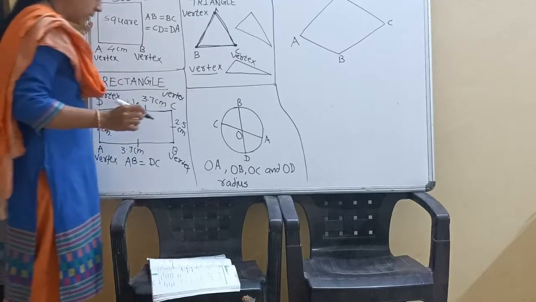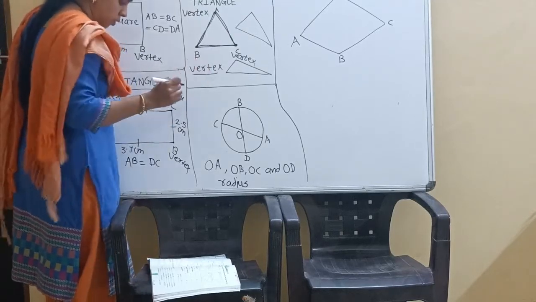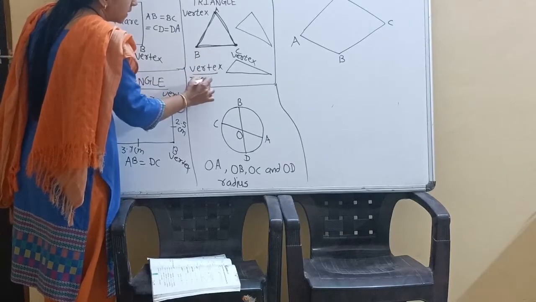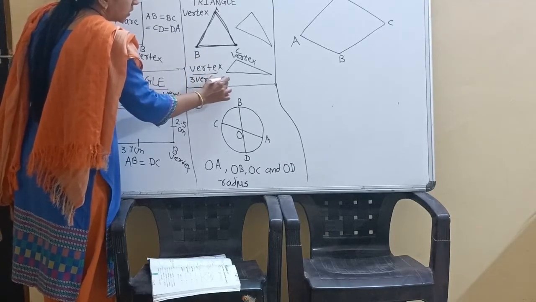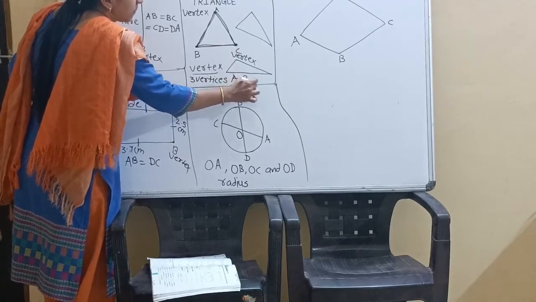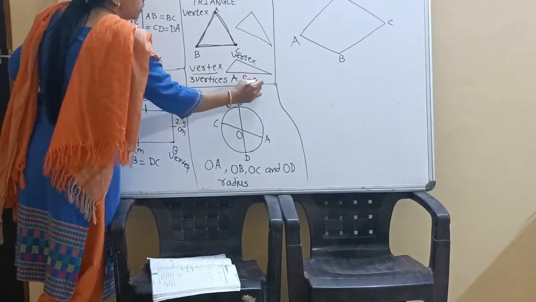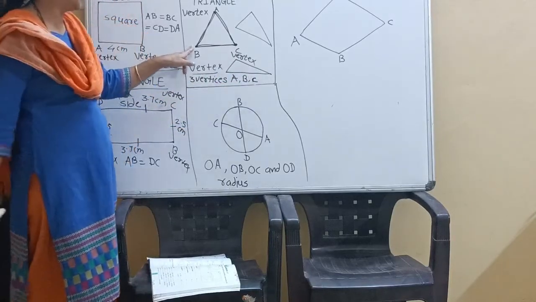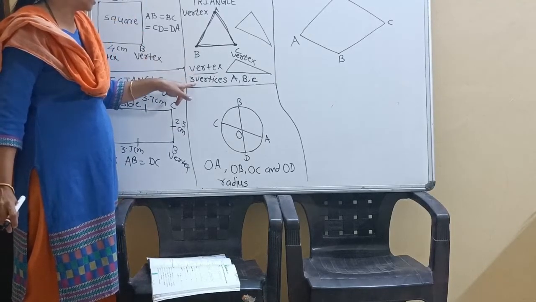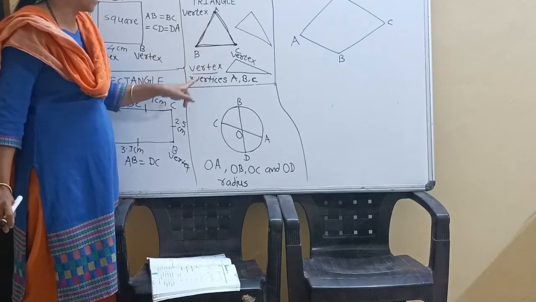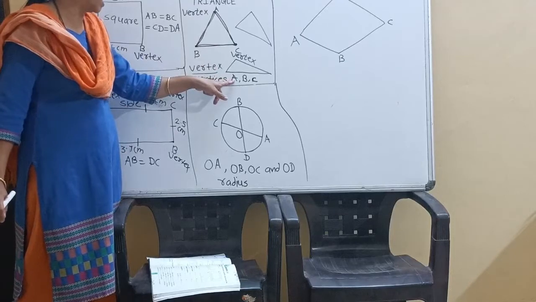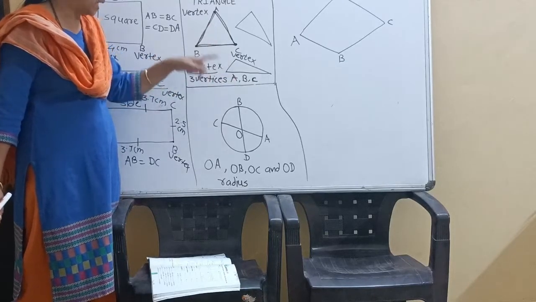So in this triangle the total 3 vertices are there, A, B, C. Where two lines meet, that meeting point is called a vertex, and total 3 vertices are there in this triangle ABC.